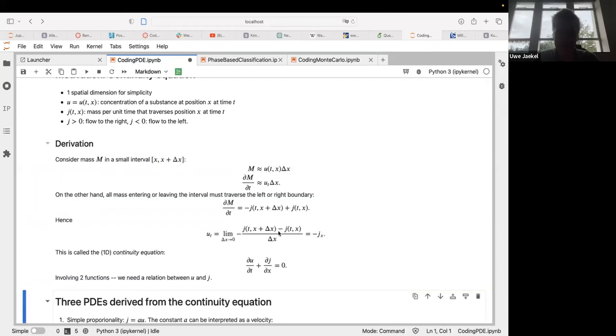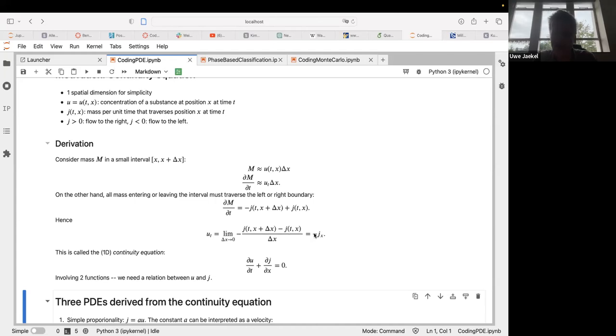So we have a quotient of differences, and in the limit delta x approaching 0, if the interval size is getting smaller and smaller, this will be just the partial derivative.